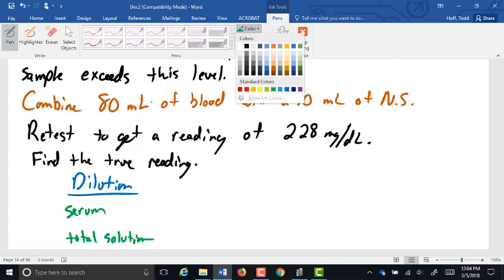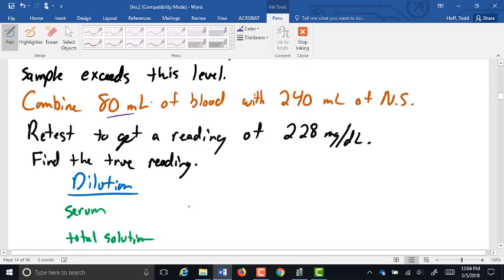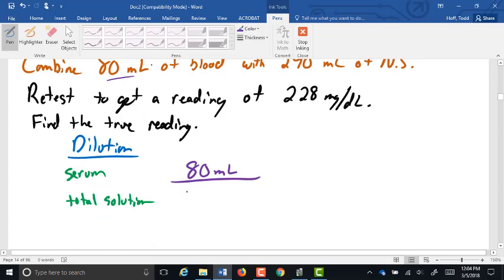So we have 80 milliliters of serum. Total parts, we have the 240 milliliters of solution, but we still had the 80 milliliters of blood that has to be added to that.